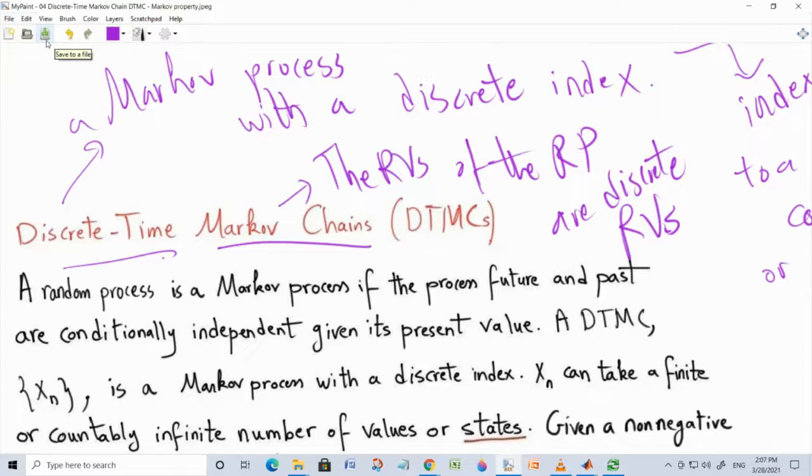In words, a random process is a Markov process if you fix some time, which is the present, and the future and past, which typically will be dependent, are conditionally independent given the present.